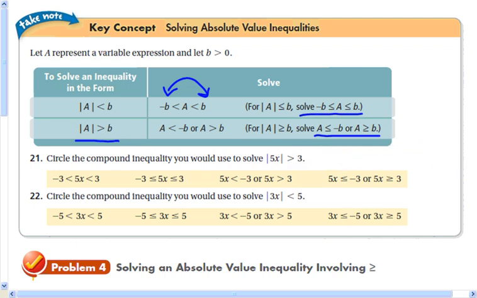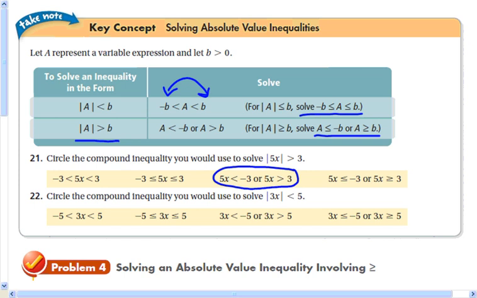All right, so the compound inequality we would use would be 5x is less than negative 3 or 5x is greater than 3. That's that inequality.